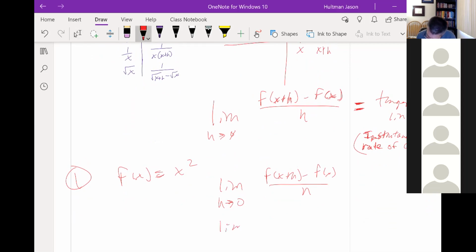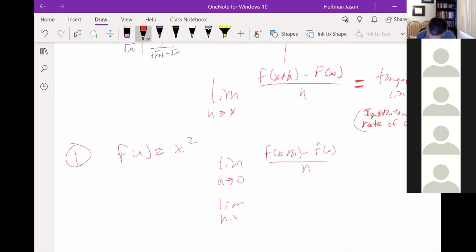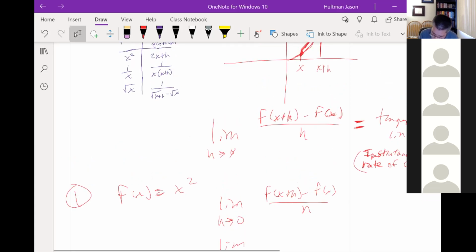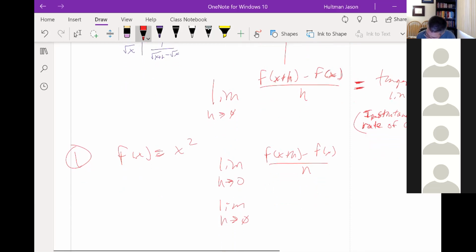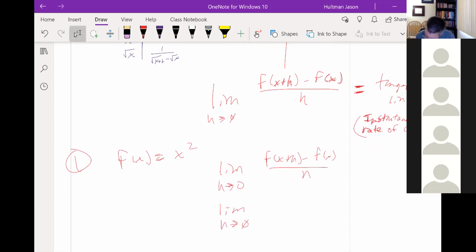So this is the limit as h goes to 0 of 2x plus h. What if I plug in 0 for h, what's left over?